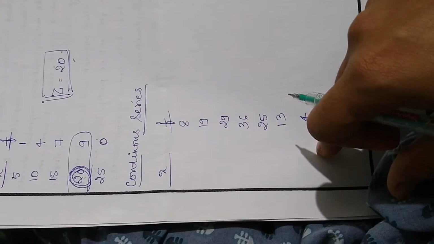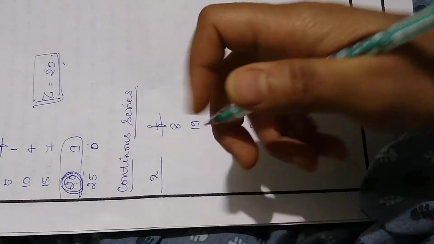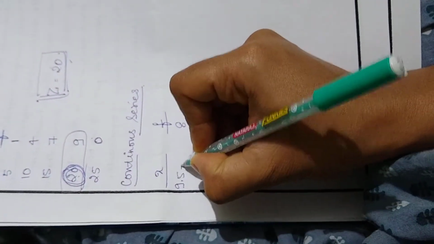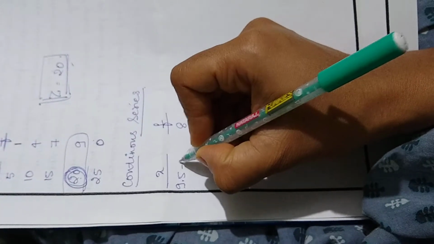Okay, so it is 10 to 19. I will deduct 0.5 from the lower limit and add 0.5 to the upper limit.